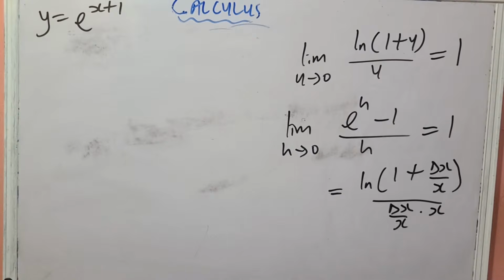So can you try and solve this? How do you get your answer? You have to find the dy over dx right here. So guys, of course, I'll be doing mine.